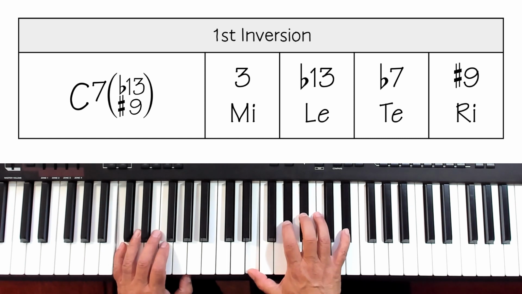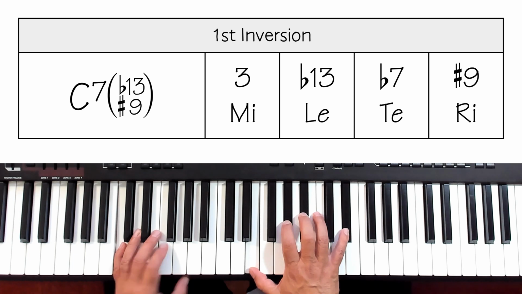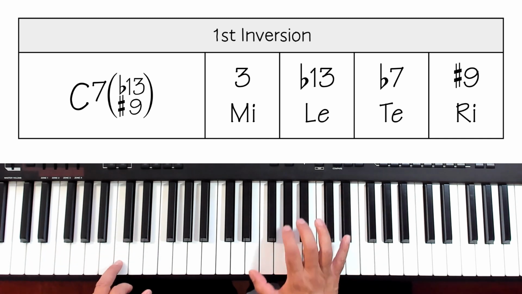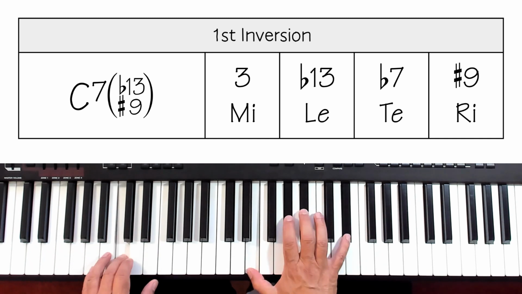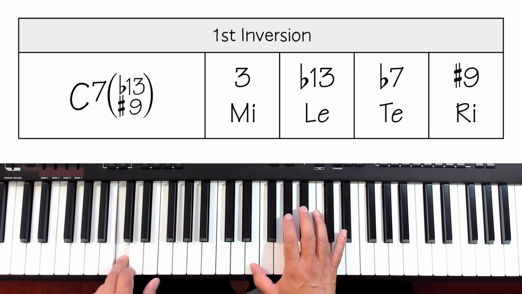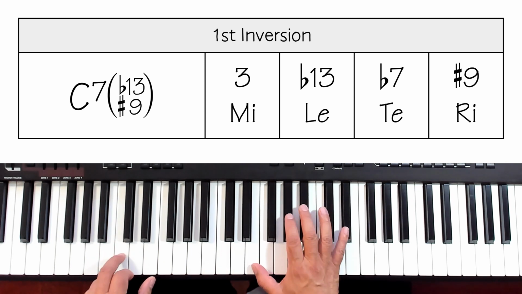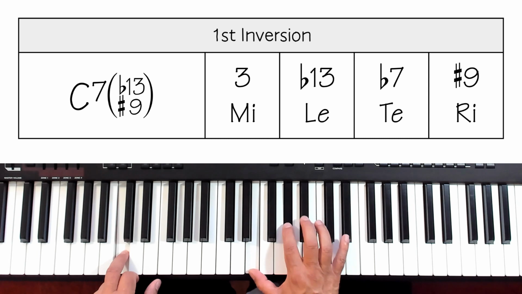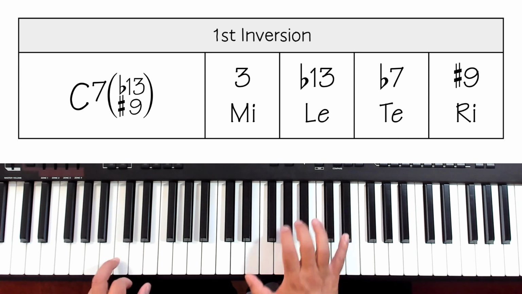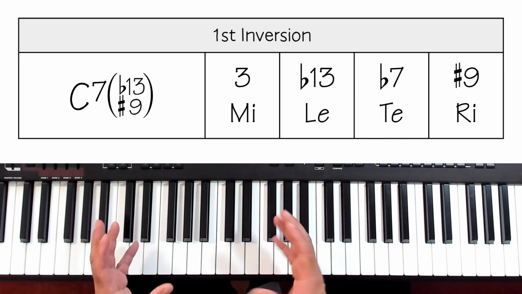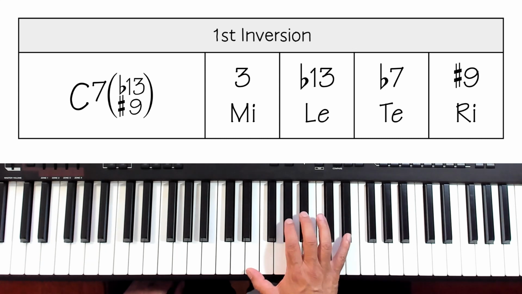How am I going to build internal imagery? Number one would be the image of this chord in my mind's eye. Then how it sounds, that would be auditory imagery. Then the feeling, or kinesthetic imagery.